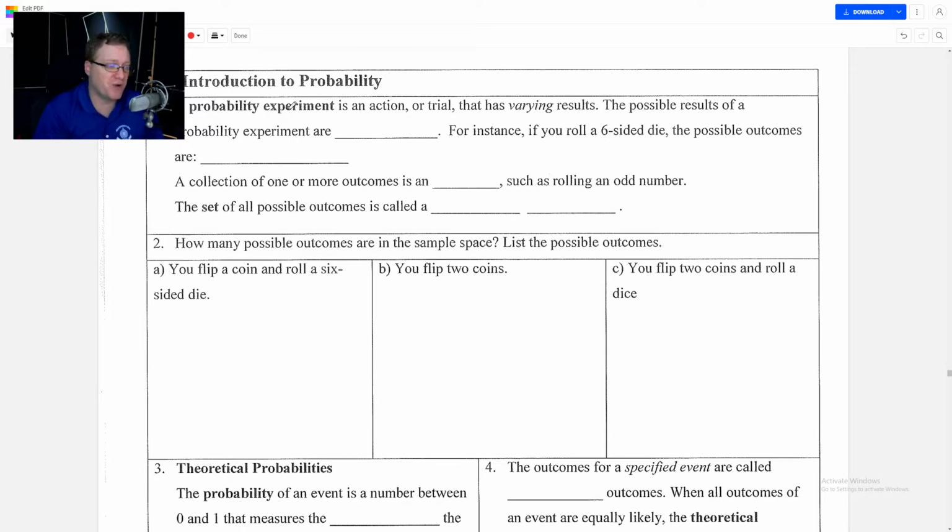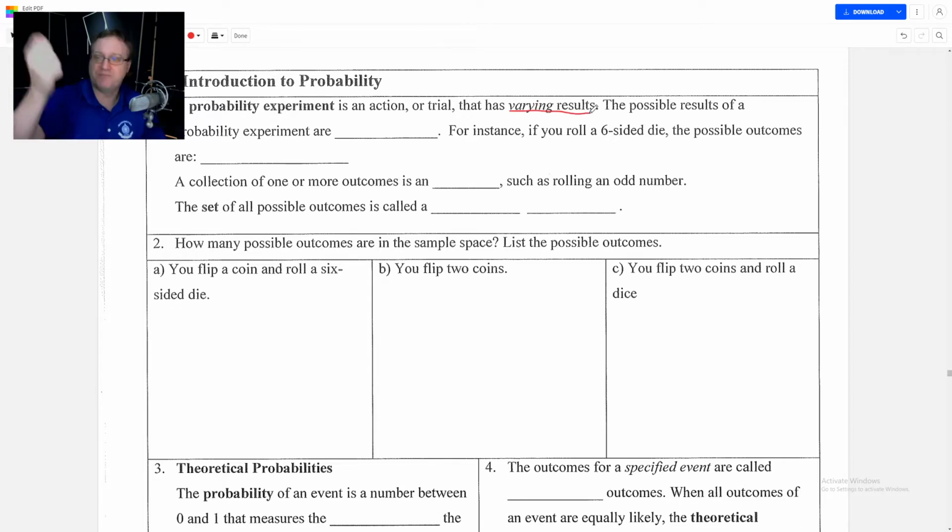Another example of a probability experiment would be if I had every student in our pre-calculus class write their name down on a little tiny piece of paper, and I put it into a bag or a box or something, and I closed my eyes and I pulled out one. Well, again, that would be a probability experiment, because when I do this action, there are many different, varying results.